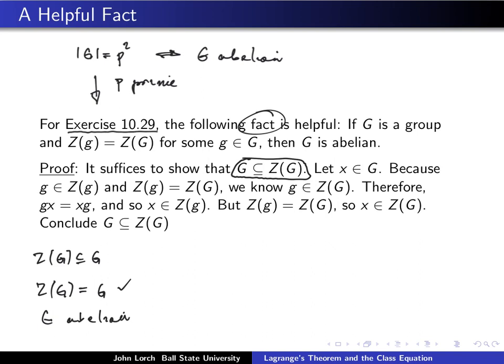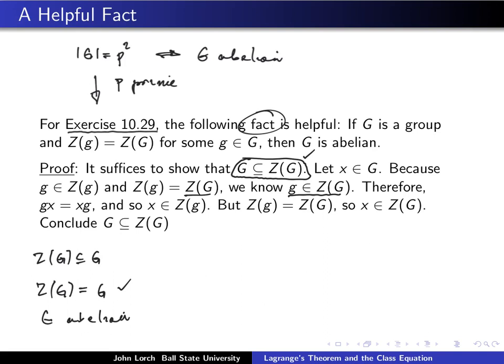So all we're going to do is show this subset relation right here. So start with an element x in G. We know that little g, being in the centralizer subgroup, together with the fact that this centralizer subgroup is actually equal to the center of the group, forces little g to be in the center of the whole group.